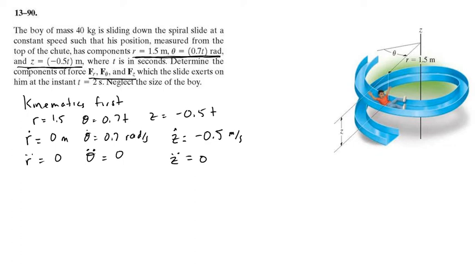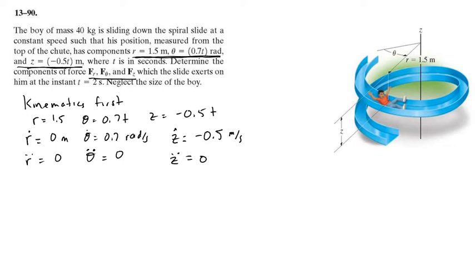Now, these r double dots and theta dots are not the acceleration components in cylindrical coordinates. This is just the changes in r, theta, and z. What you really want to find out are the velocities and accelerations.